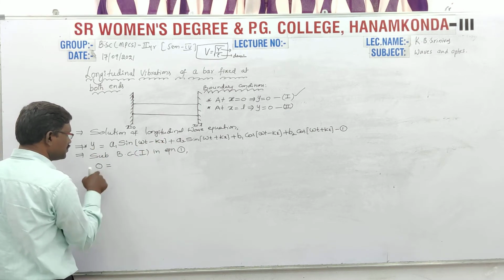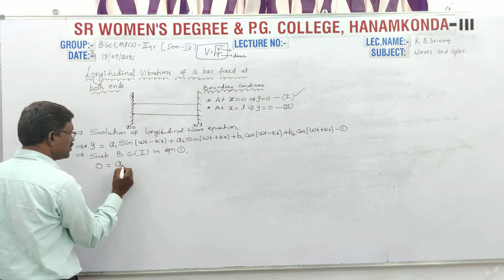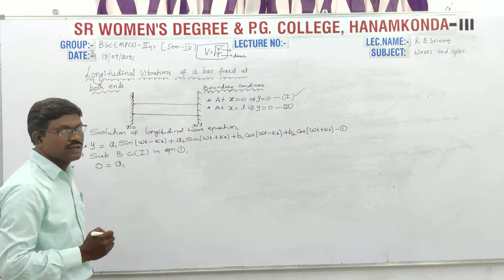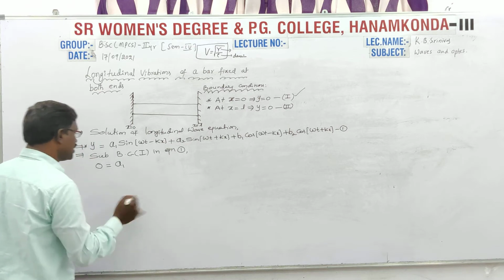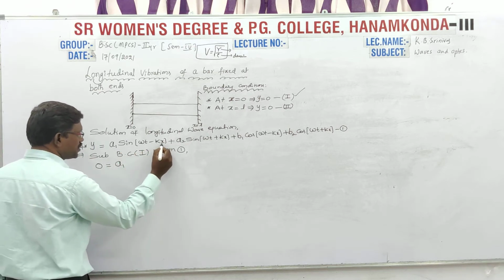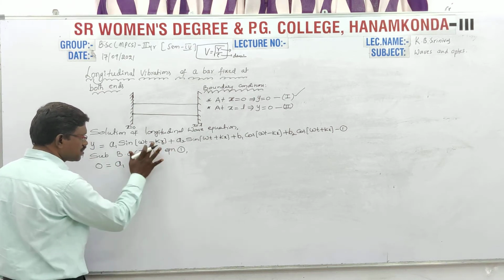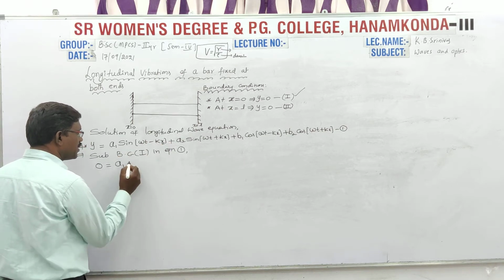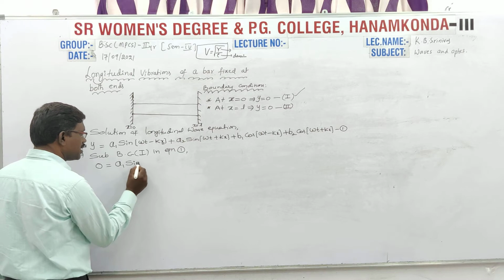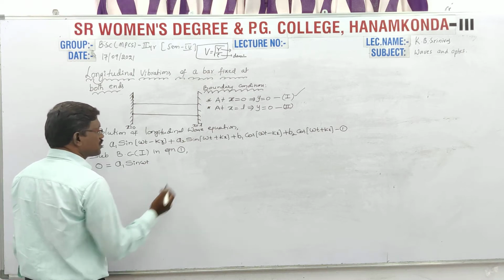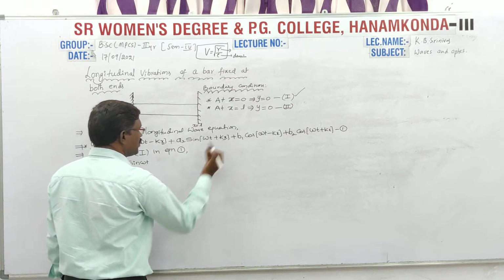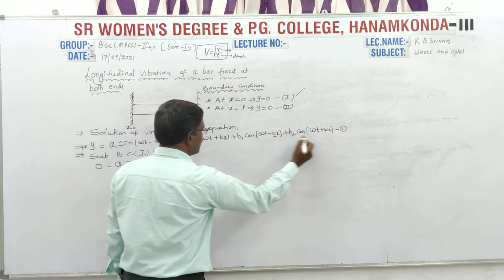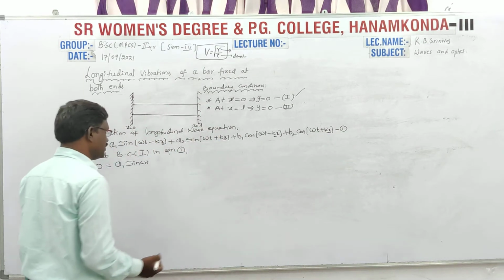0 is equal to, a1, a2, b1, b2 are arbitrary constants. So just put x is equal to 0. So this term disappears from the expression. So it becomes a1 sin omega t. All x terms disappear from the equation.